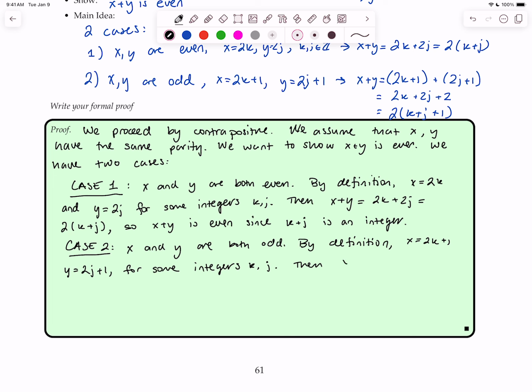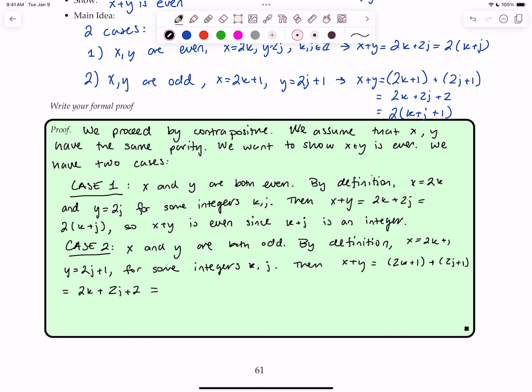So then x plus y, and now we're going to do the same sort of scratch work we did right up here. We substitute, we get 2k plus 1 plus 2j plus 1. I'm going to combine the 1s, so I get 2k plus 2j plus 2.